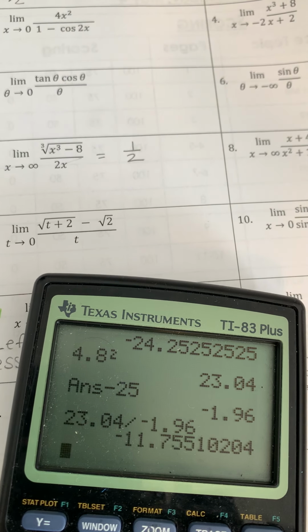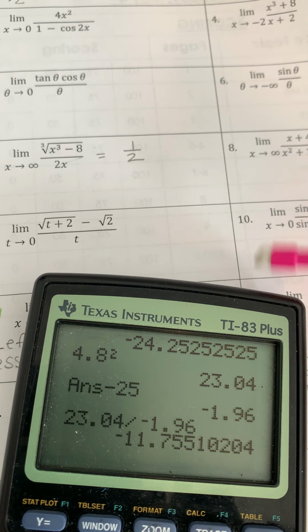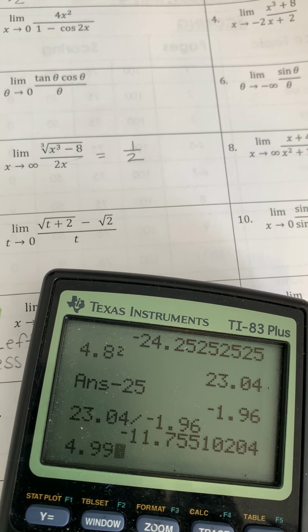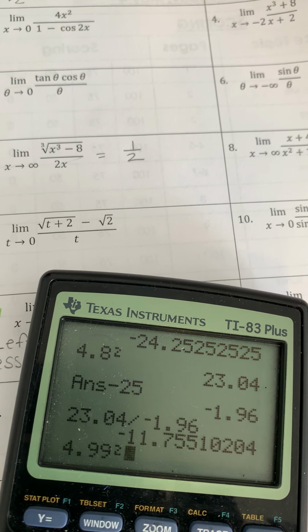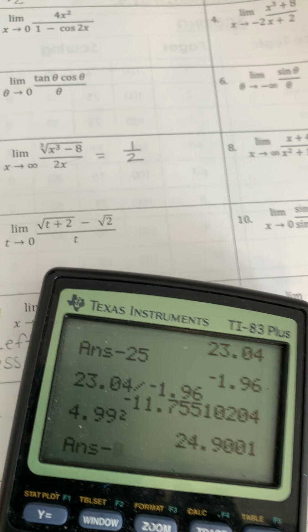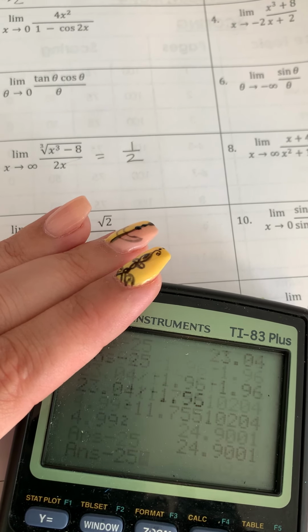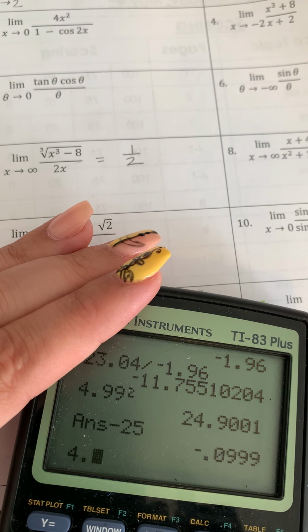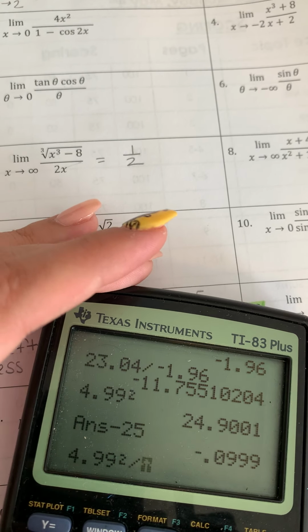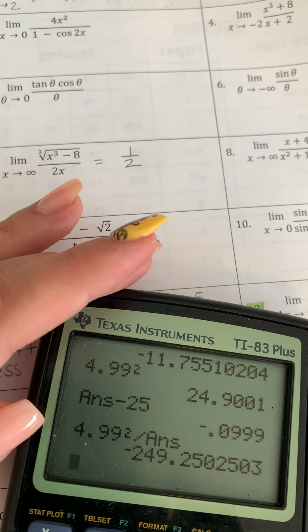Let me actually go the other way, 4.99. So we do 4.99 squared divided by that, and my number gets lower.